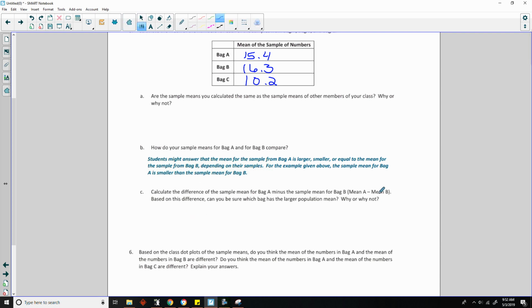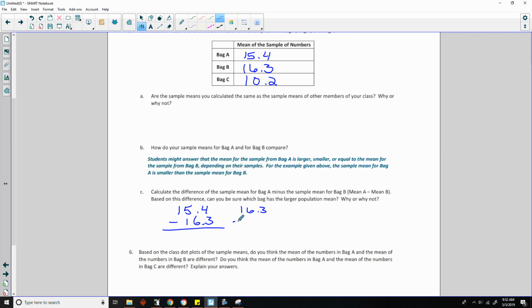So if they're going to say mean A minus 16.3, then I get, now remember subtracting larger from smaller, you flip them over and take the sign of the greater.